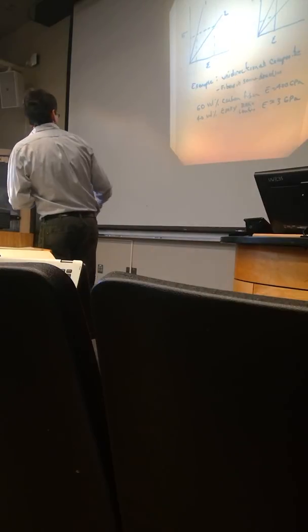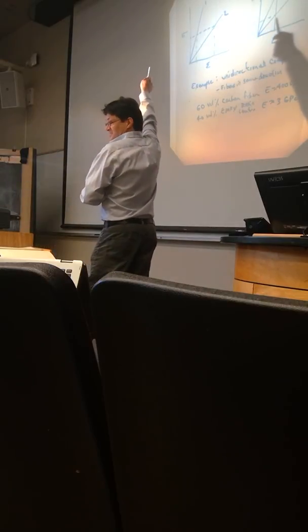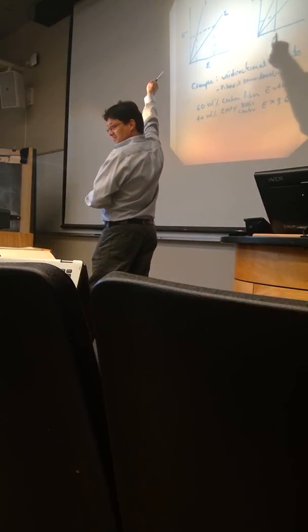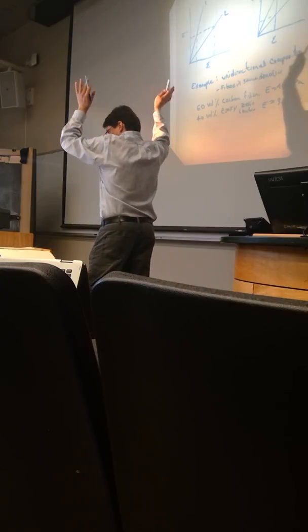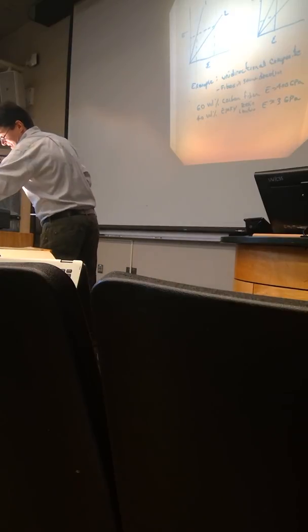The elastic modulus of epoxy is somewhere around 3 gigapascals. I didn't show this very realistically for carbon fiber epoxy; that might be for some other composite. So, relative changes there.